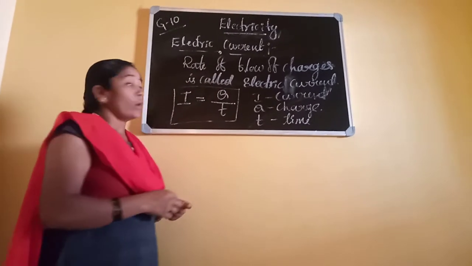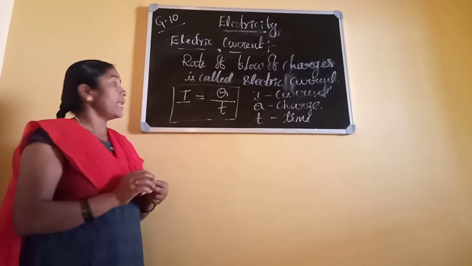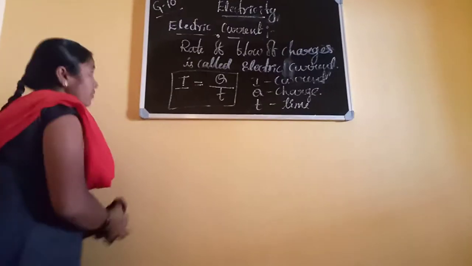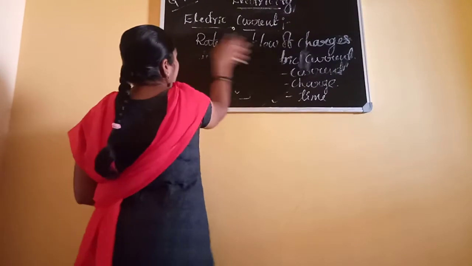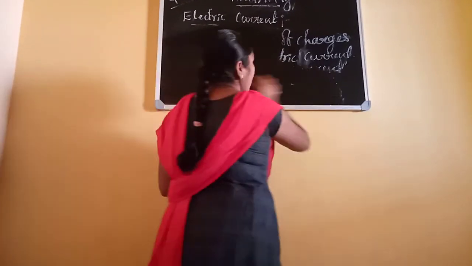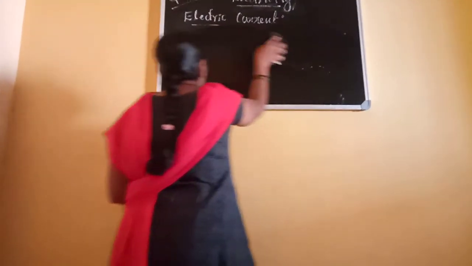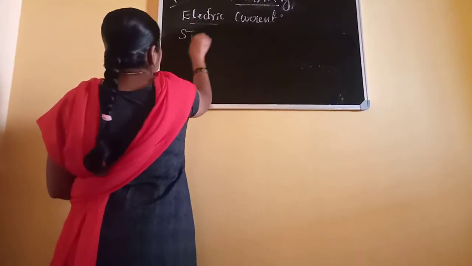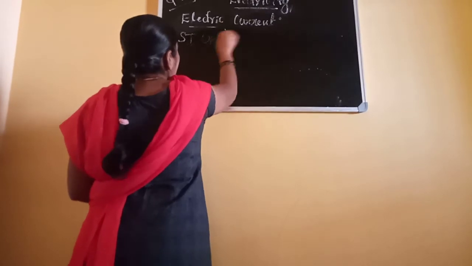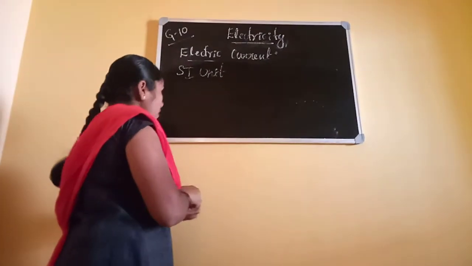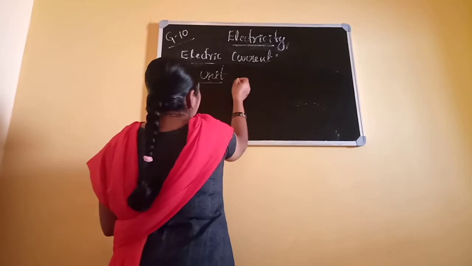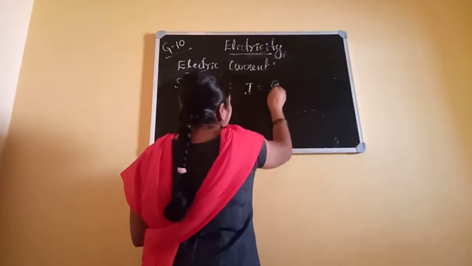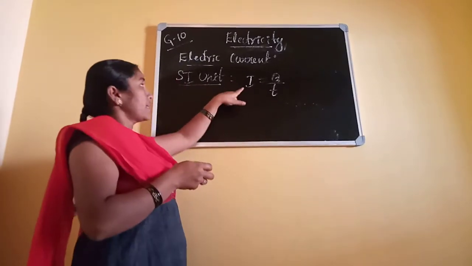Let's see now what is the SI unit of electric current. I is equal to Q by T. It's the electric current formula.